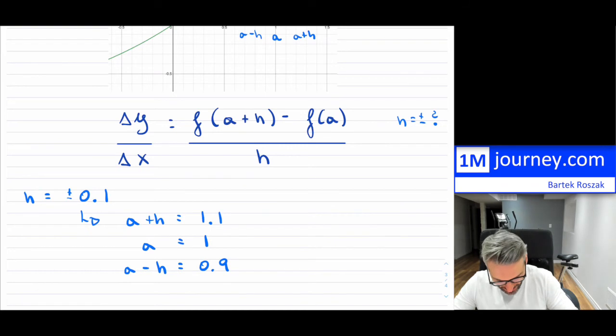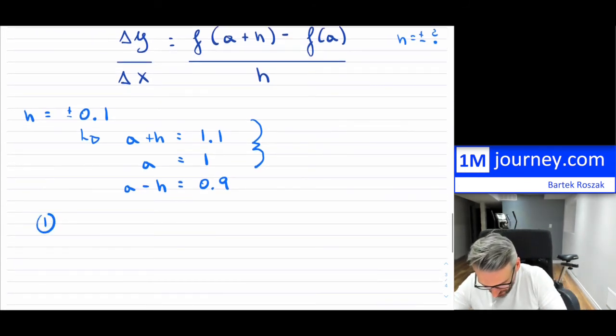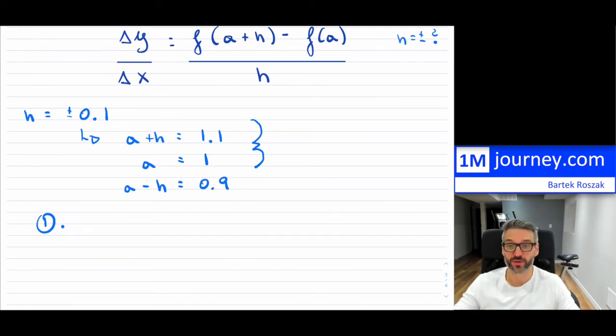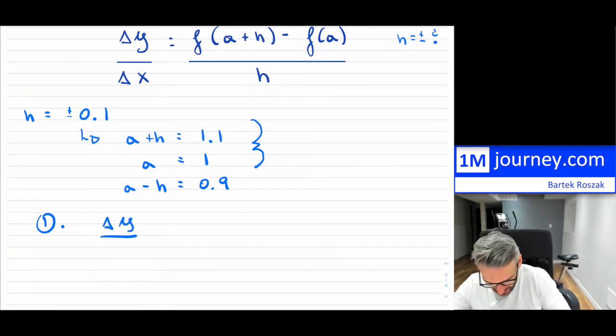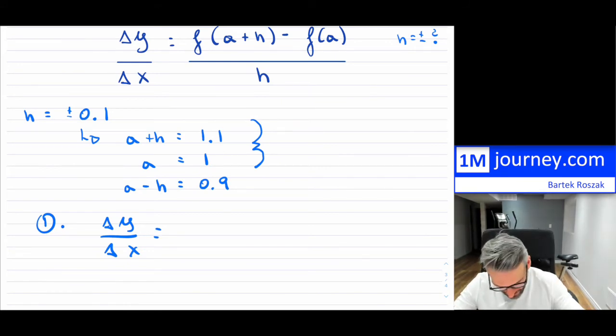So from here, we're going to be able to find our difference quotient, from the following interval and from the preceding interval. So we're going to have two calculations. Here is my first calculation, the following interval, and then I'll do the preceding interval. Let me do that in fast forward fashion. All I'm doing is substituting the numbers in and then finding my difference quotient. So that's what I'm going to do. Okay, so I'll be back.